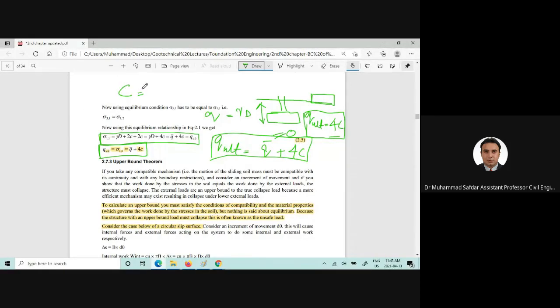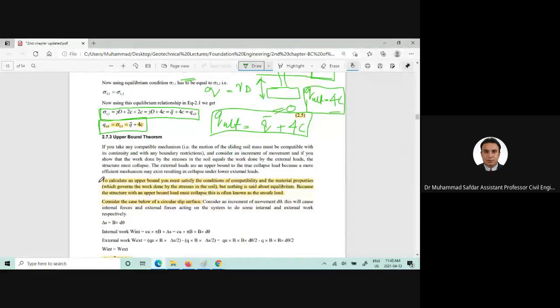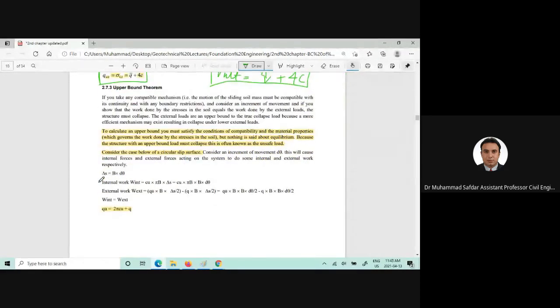C is the cohesion of the soil. Now you can imagine how simply we are assuming that the soil is only cohesive in nature and there is no friction contributing to the ultimate bearing capacity of the soil. So it's just giving you a lower estimate of the bearing capacity of the soil.